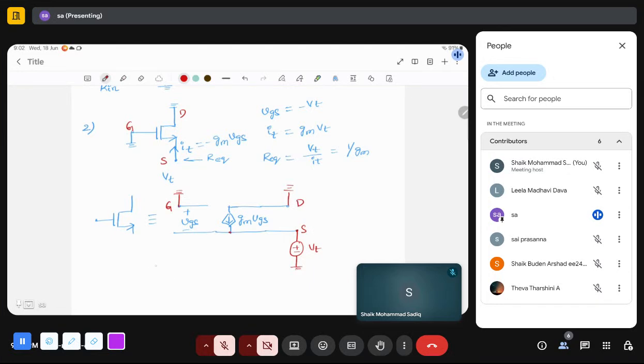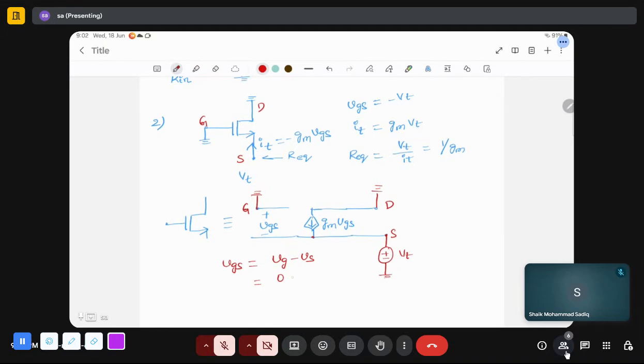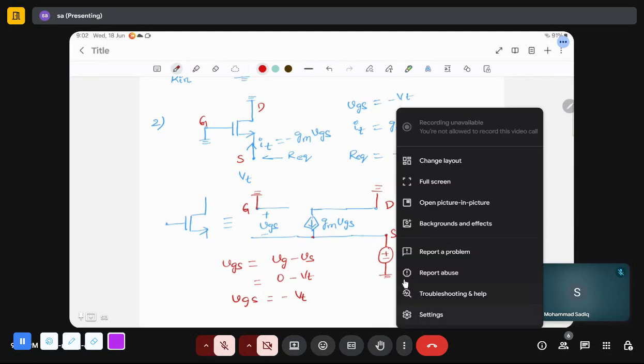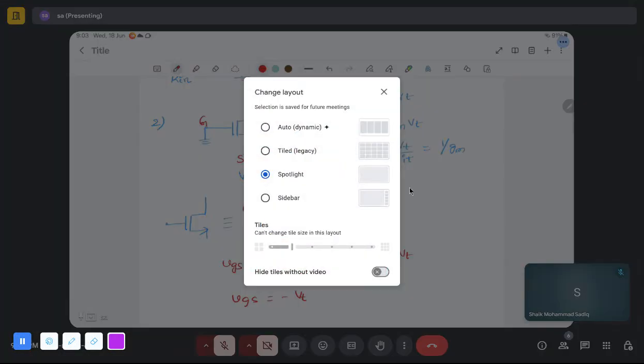So what is VGS here? VGS you can write as VG minus VS. Here VG is 0, VS is VT, so VGS is nothing but minus VT. What is the current IT?